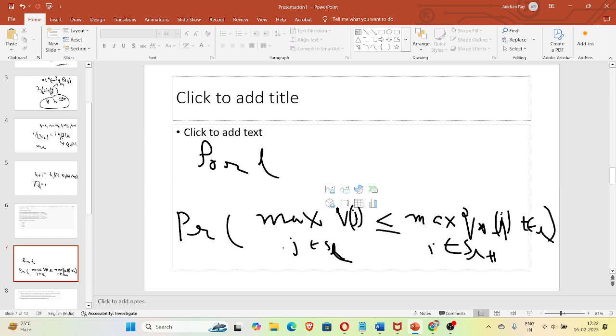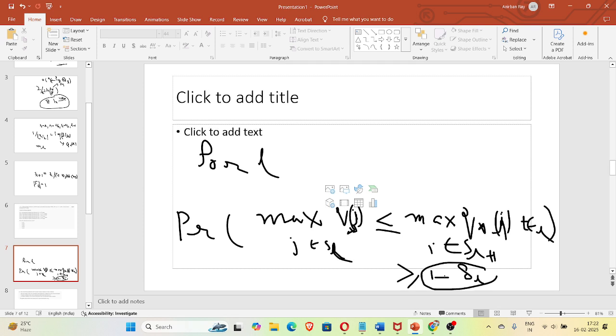The previous one is a little higher than the newer step's maximum value. The ideal situation is that this probability equals 1 minus delta_l. It's a good probability. Delta_l is small, so this is very close to 1. So this is the lemma.